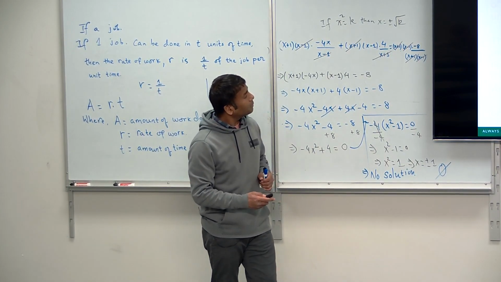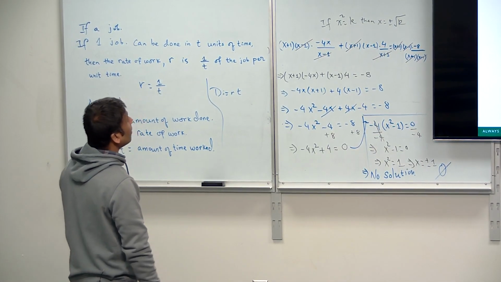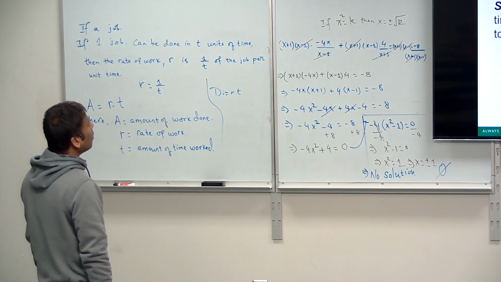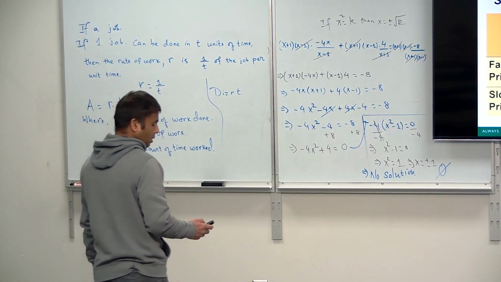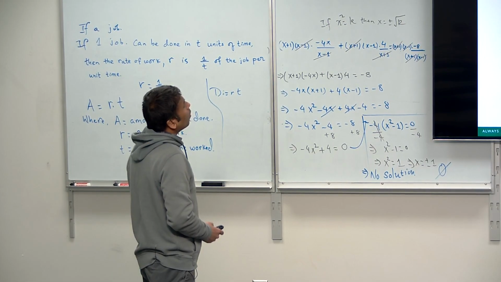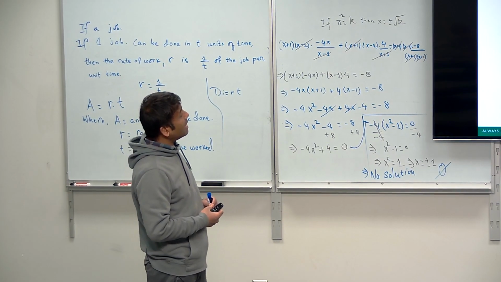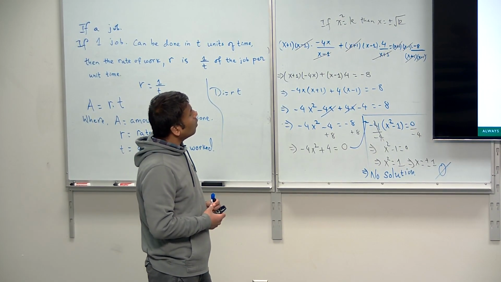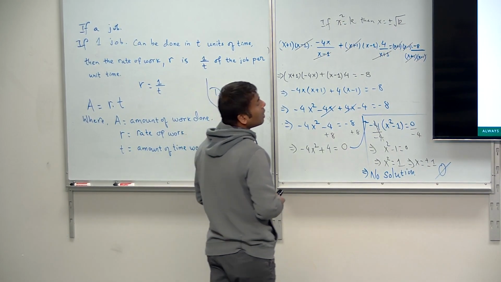You got it? So now look here, guys. One printer can do a job twice as fast as another. Working together, both printers can do the job in 2 hours.